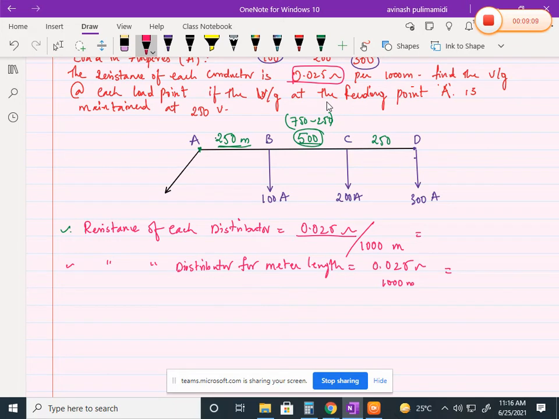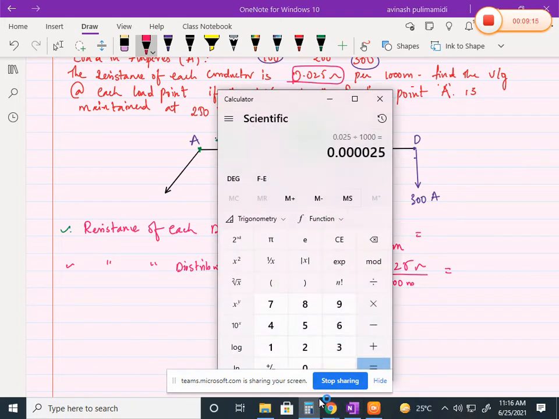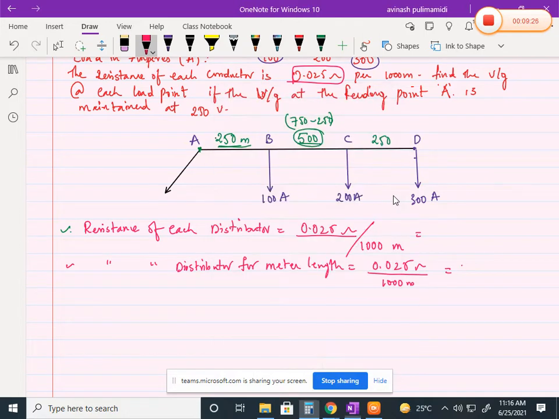This is 0.025 ohms. 0.025 divided by 1000 we get 2.5 into 10 power minus 5 ohms.